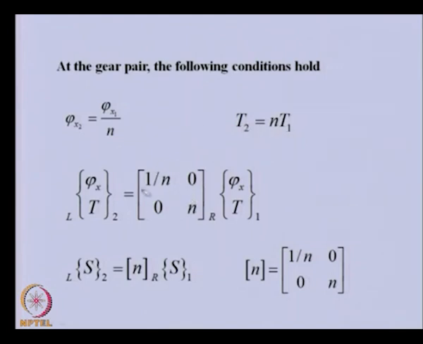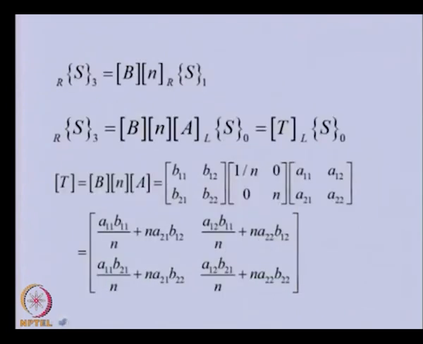So, basically this particular matrix is nothing but the gear ratio matrix. Using the n matrix we can transfer the state vector from one shaft to another shaft. In between, a gear is there, having gear ratio n. So, we can use this n matrix to connect the previous two equations.